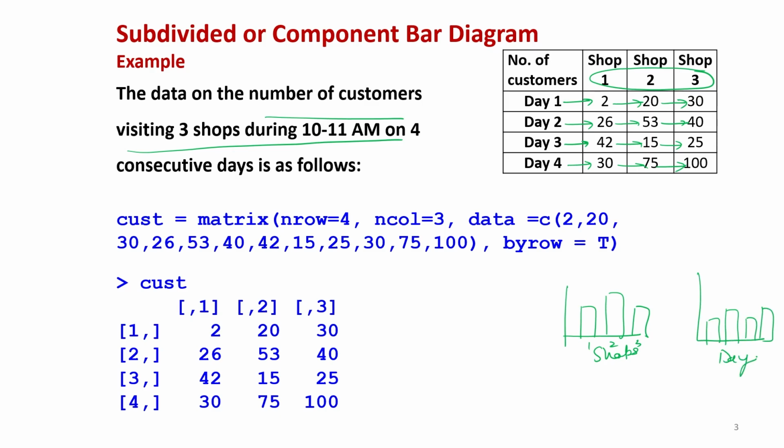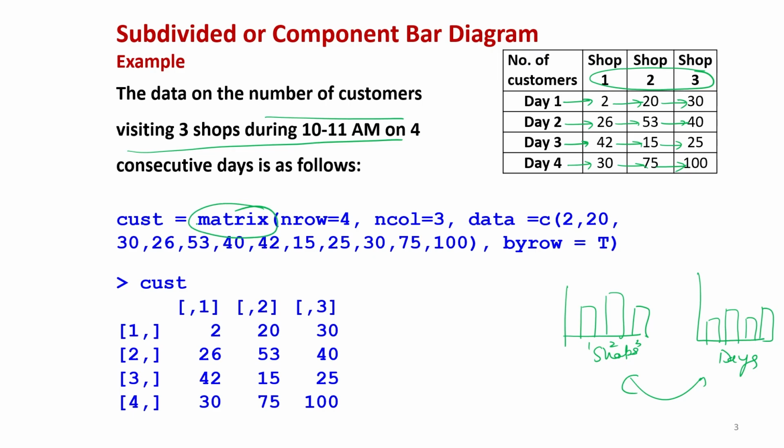But none of these graphics will give us the information about the number of customers who visited a particular shop on a particular day, because this is changing. In order to represent this type of data, the subdivided or component bar diagram helps us. But the requirement for creating such a diagram is that the data has to be given in the form of a matrix.